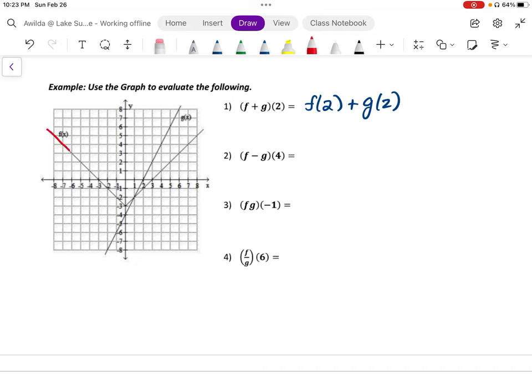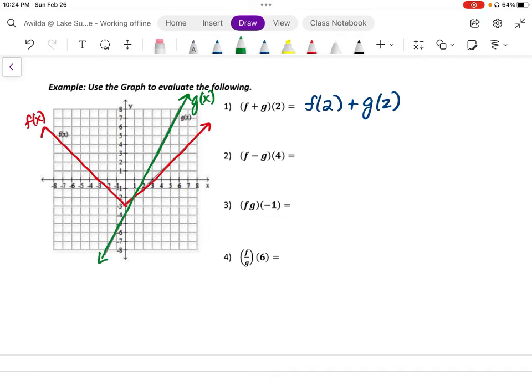So this is f in red. And then for g(x), I'm going to shade that in green. That's a line. That's g(x).